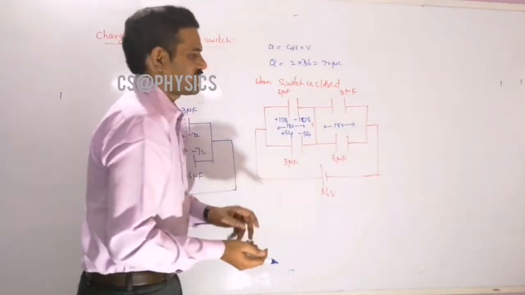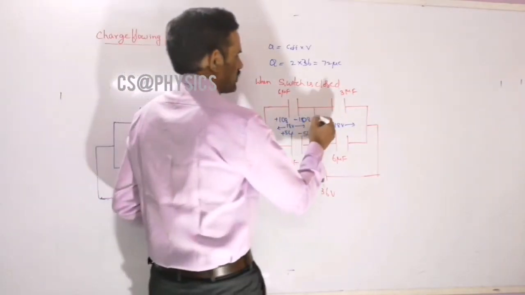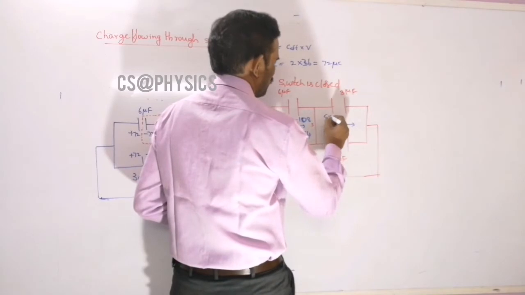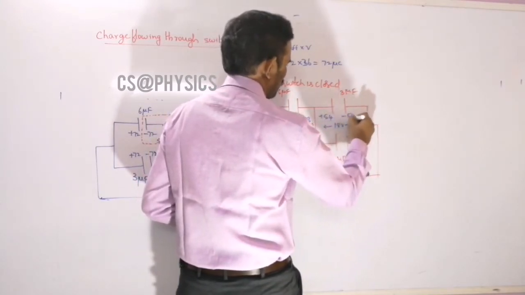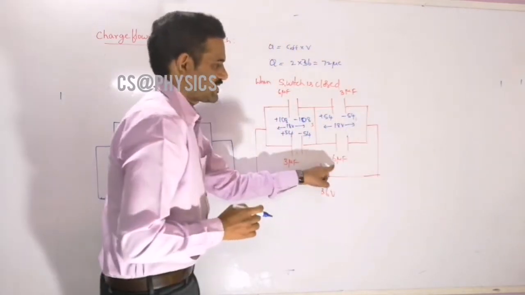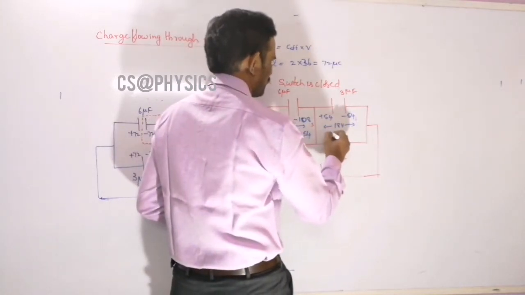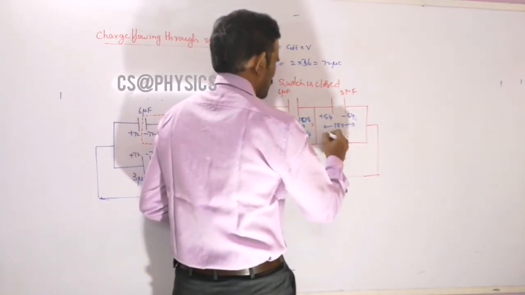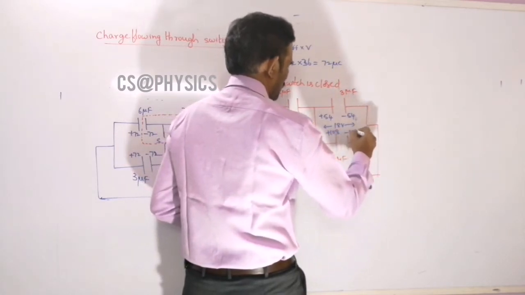Here the potential difference is 18 and the capacitance is 3. And so then it is 54, and this will be plus 54, and this is minus 54 microcoulombs. And similarly here 18 into 6, so then you can consider this as 108. So this is plus 108 and minus 108.